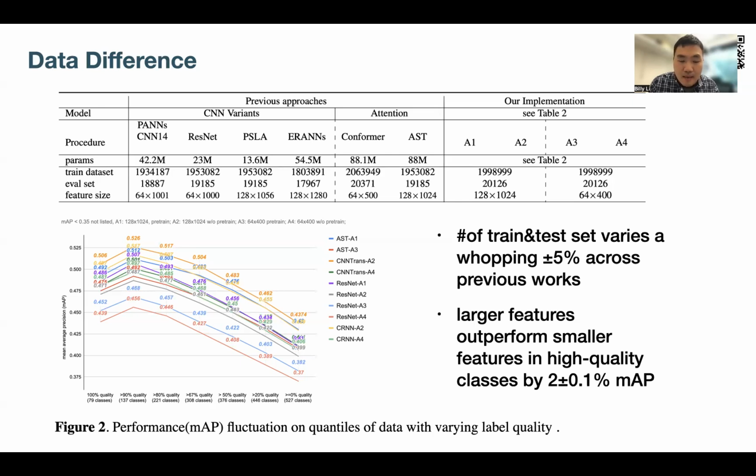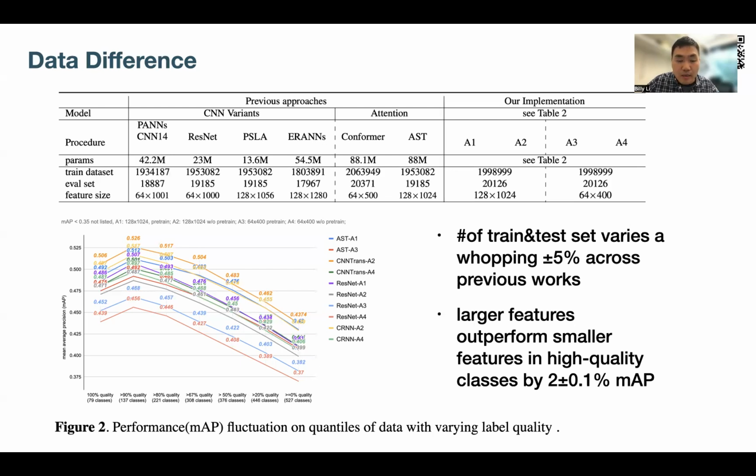That tells us that if someone reports AudioSet results with a smaller test set, there's a higher chance that they benefit from it, because it can boost a few more points without even tuning the models. From what we observed, there is about 5% difference across previously published work in terms of the size of the AudioSet test set alone. That will cause huge variations.